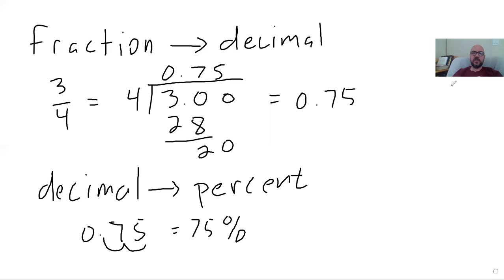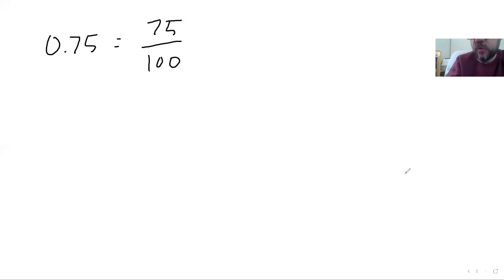Going backwards is, I mean, you can. So if I have 0.75, that's the same thing as 75 over 100. It's got 2 decimal places, so that's over 100. If it had 3 decimal places, it'd be over 1,000. It's a 1 and a 0 per decimal place. And then you reduce this fraction.